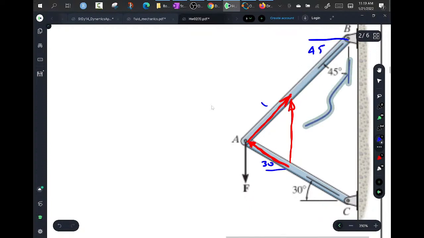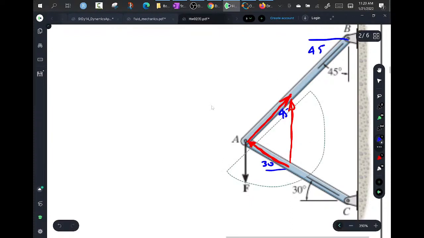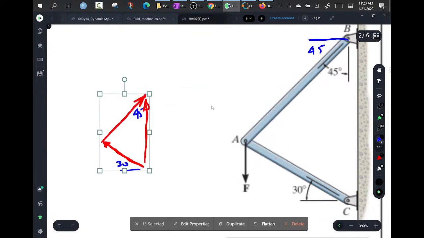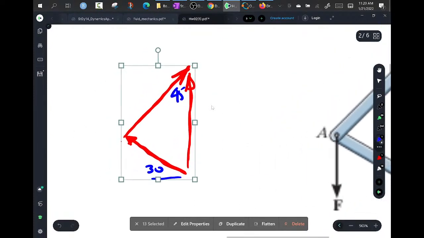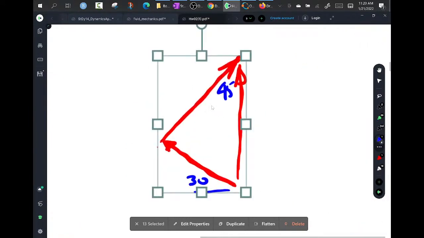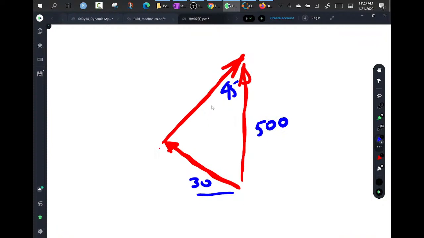So I can just go directly in here and put 45 degrees. That's enough information. Now I'm going to copy this, move it over to the side, and zoom in on it. Now I do know he told me that this is 500. So I've got this being 500.